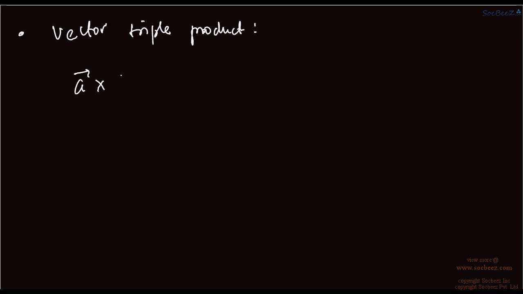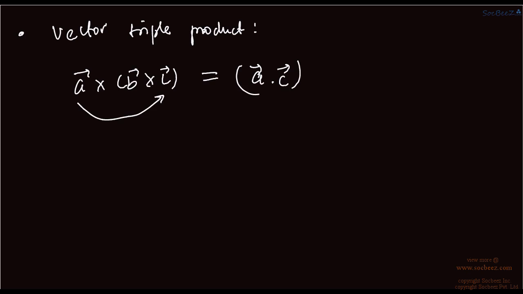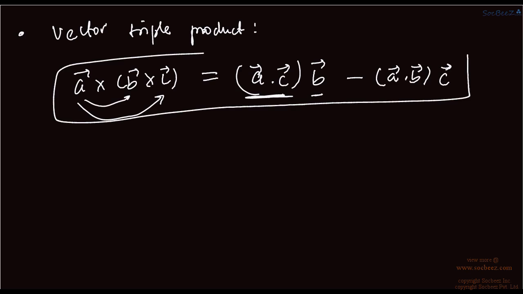The vector triple product is something like A cross B cross C. Of course, the direction will matter, so there will be a negative sign if you interchange A, B, and C. It is given by (A dot C) times B vector, minus (A dot B) times C vector. Here A dot C is a scalar quantity, so it multiplies the B vector; it is not any dot product. This is called the vector triple product.